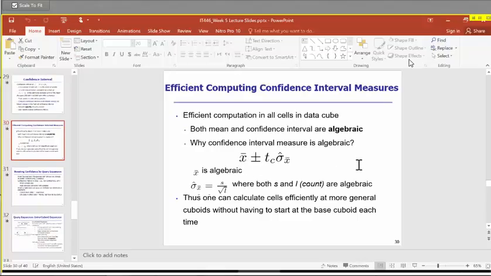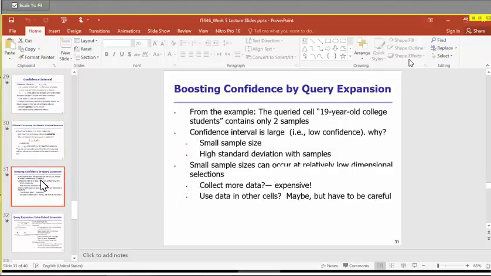It's basically a deviation or the error from the mean. Now x bar is the mean and plus minus is the deviation. So sigma is the deviation. TC is the constant of the deviation. So S and L are algebraic, thus one can locate the cells efficiently at more general cuboids.